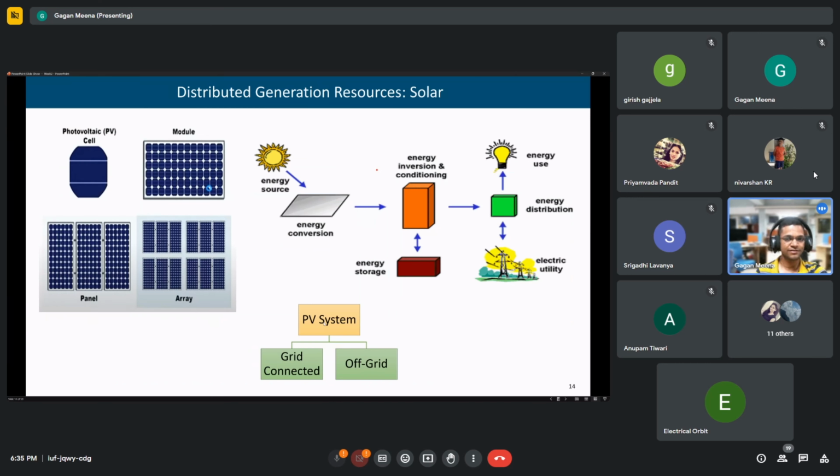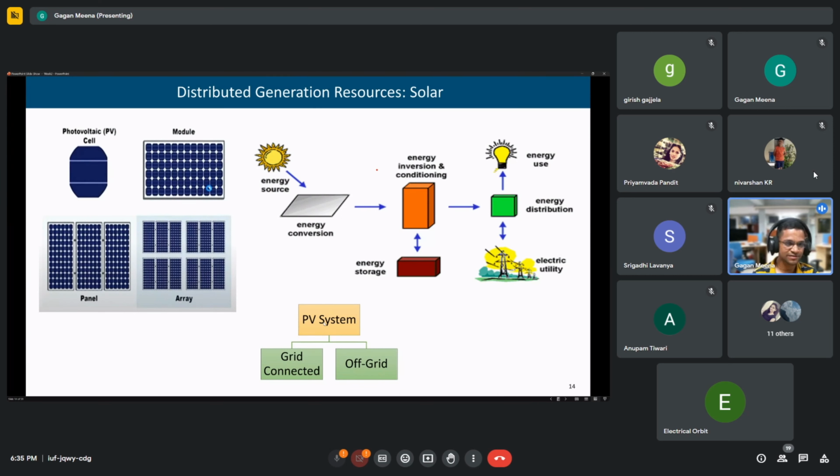So this is the solar energy conversion system. A PV system can be of two types: grid connected and off grid. The basic principle of both is that the energy from the sun's rays imparts photons onto the PN junction, and there is generation of electricity.